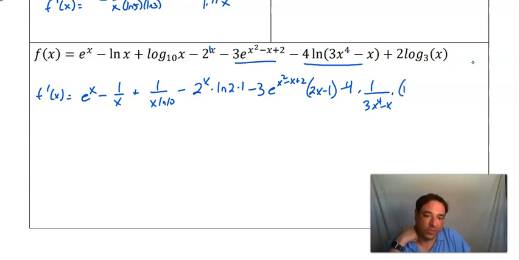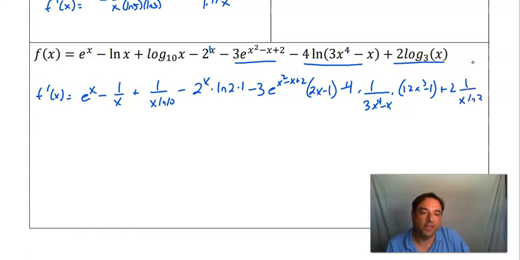The derivative of 3x to the 4 is 12x to the third, minus 1, plus the 2 stays in front. The derivative of log base 3 of x is 1 over x ln of 3, and the derivative of 1x is 1. So it doesn't change anything. Again, really long, step by step, careful.